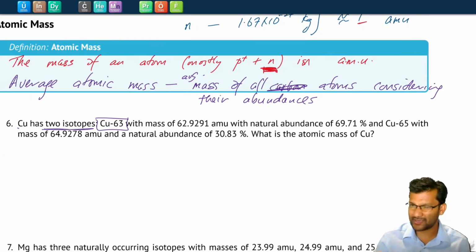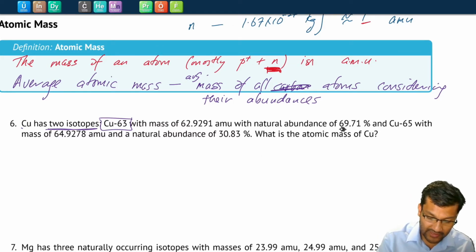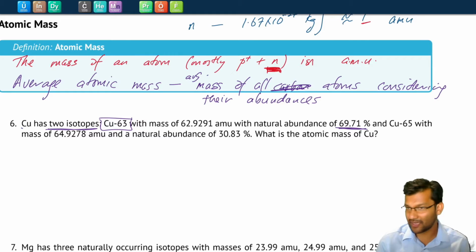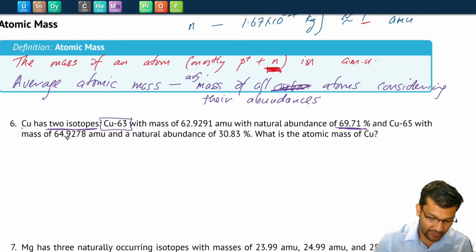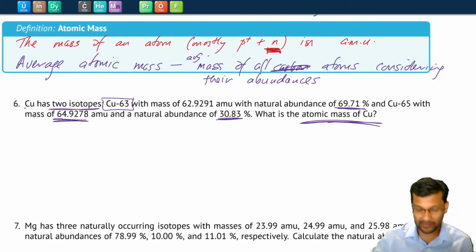It's not quite 63, but very close to it. And it has an abundance of 69.71%, meaning 69.71% of all copper that we could find naturally is going to be copper-63. And then copper-65, which has an atomic mass of close to 65, has an abundance of the remaining 30.83%. So what's the atomic mass of copper considering these two different isotopes?